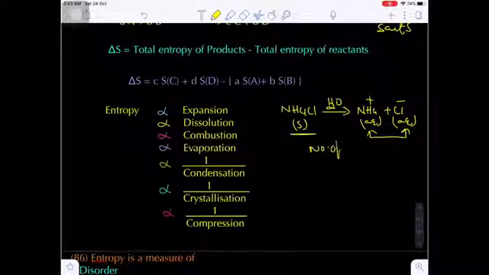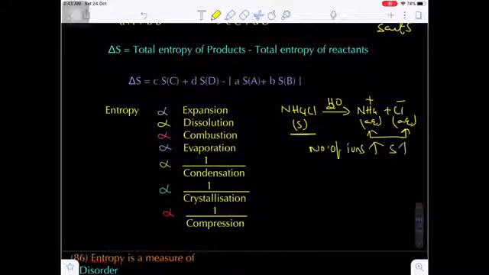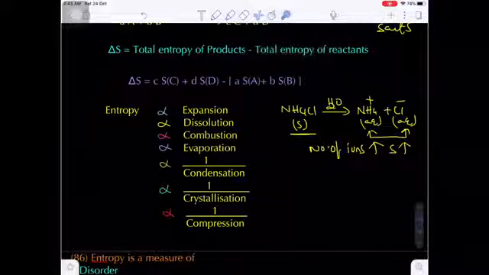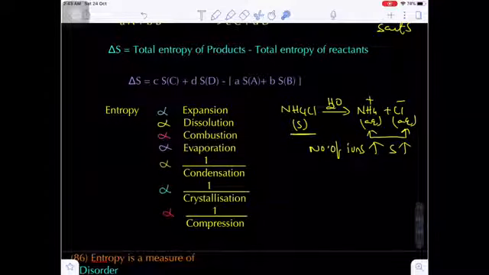Here the number of ions increases, randomness increases, entropy also increases. So during dissolution, when any solid substance is dissolved in water, the number of particles immediately increases, thereby randomness increases, so entropy increases during dissolution.